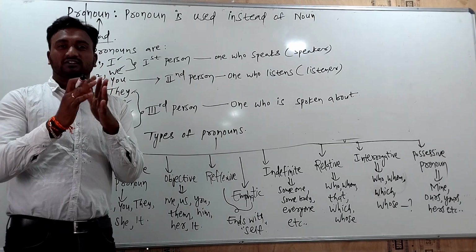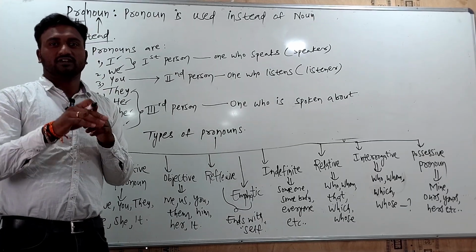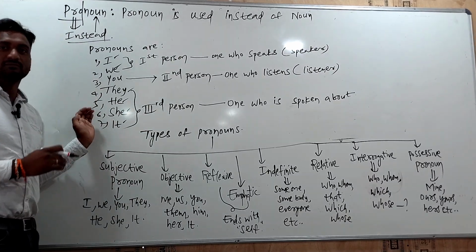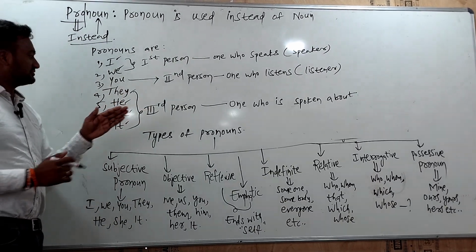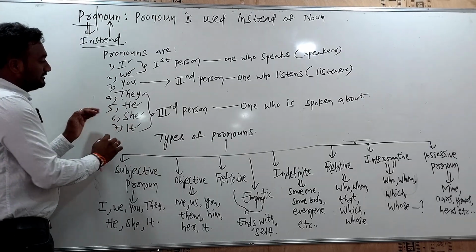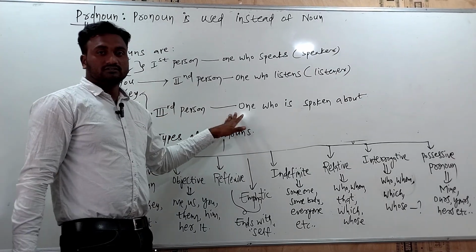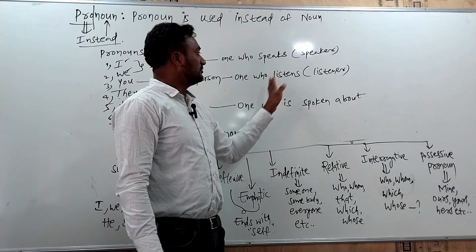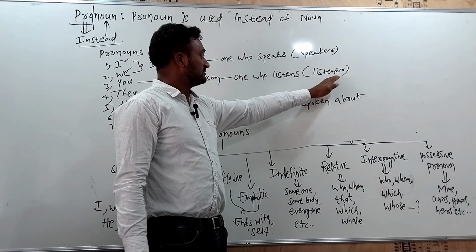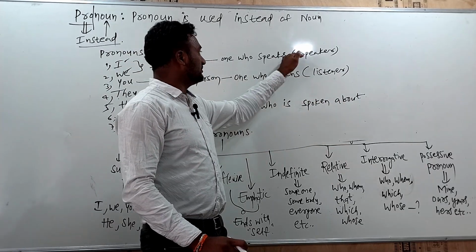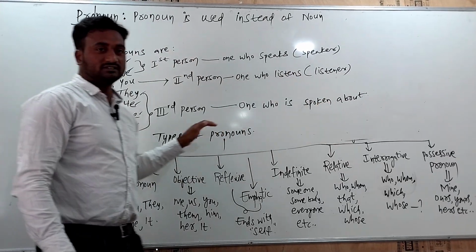Basically, when someone is absent from the particular location where we both are having a conversation, we speak about a third person. It can be anything, person or place. That is the reason in English he, she, it, they are said to be third person. One who speaks is the speaker, the first person; one who listens is the listener, the second person; and one who is spoken about in the conversation between both of them is the third person.